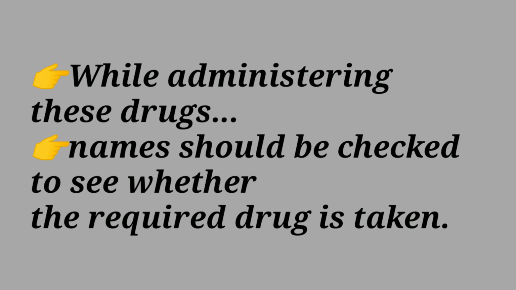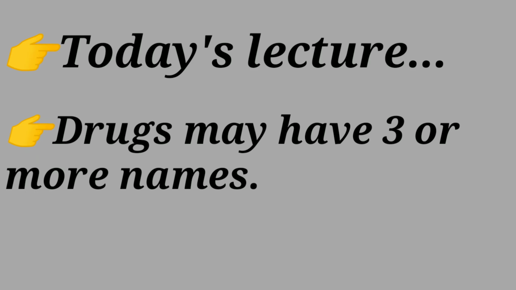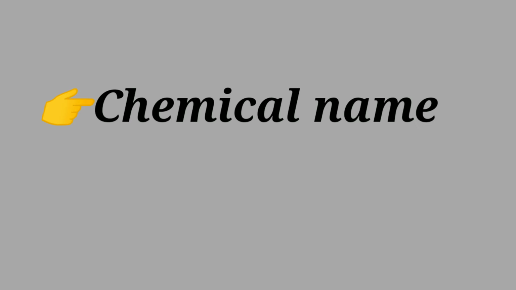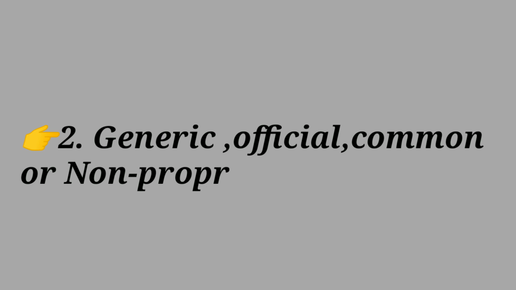So students, in today's lecture, we have discussed that drugs may have 3 or more names. First is the chemical name or systematic name, which describes the chemical structure of the drug, and the naming is done according to the IUPAC rules. But these are sometimes very elaborate, so not suitable for routine usage. Second, we discussed the generic or common name.